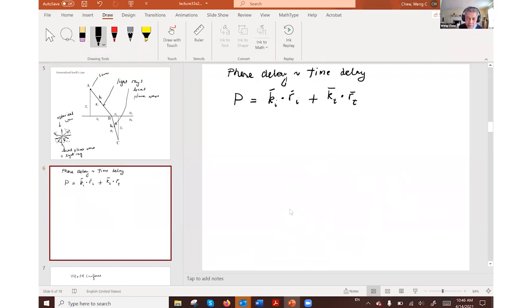Okay, so the path of minimum phase delay is a stationary point. So if I were to find the change in the phase with respect to ξ, it should be 0 because it is a stationary point.